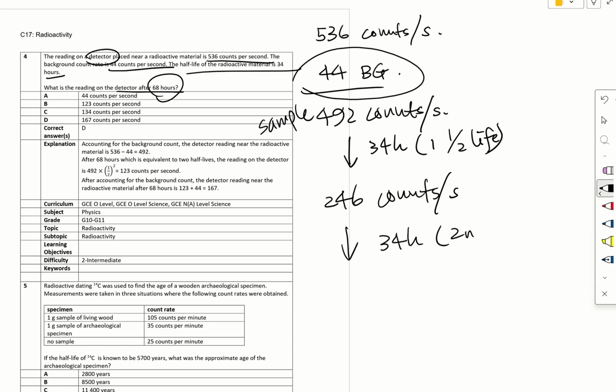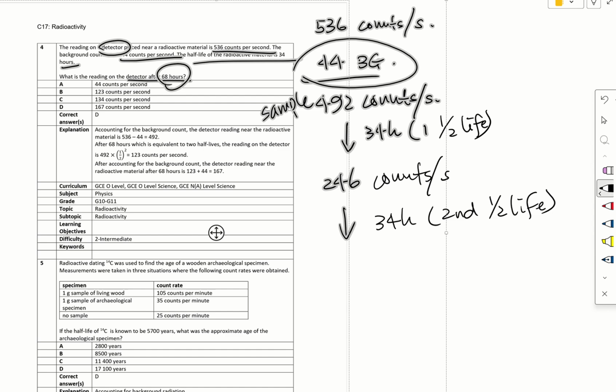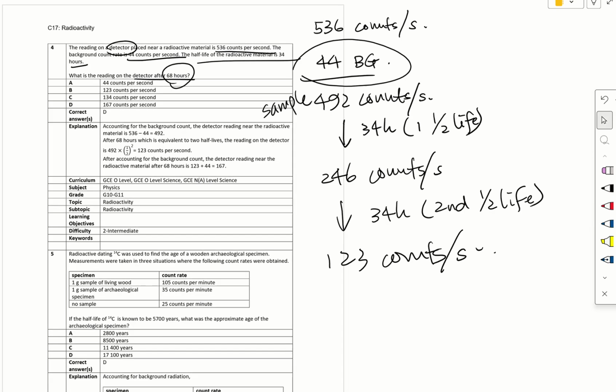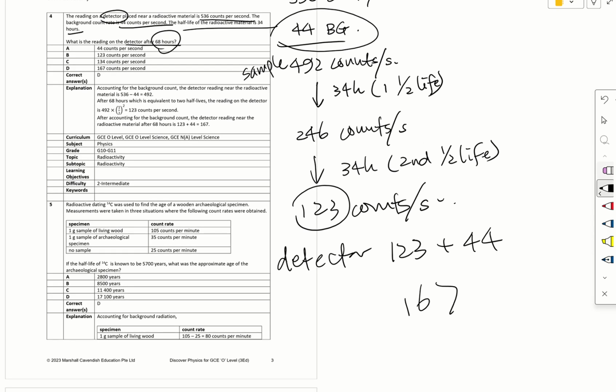This is the second half-life. So 246 divided by 2 will be 123 counts per second. But because there is actually a background count of 44, the reading on the detector will now be 123 plus 44 background. So I'll get 167. So answer is D.